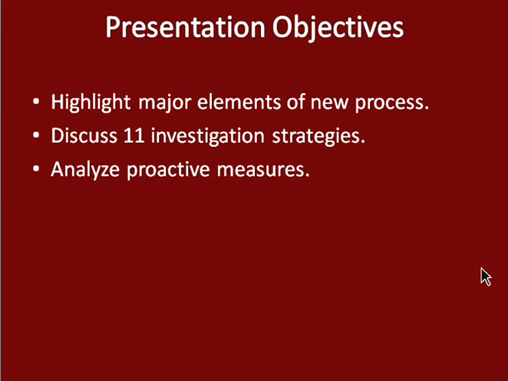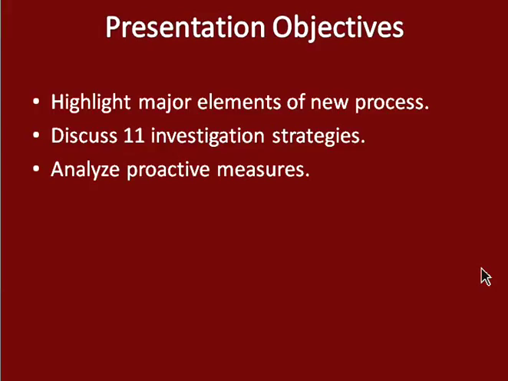The webinar is going to cover 3 main issues. One, we're going to highlight the major elements of the new enforcement process. Secondly, we're going to discuss 11 strategies that you can use if you're in the enforcement process or you're contemplating how to improve your compliance program or your investigation plan.